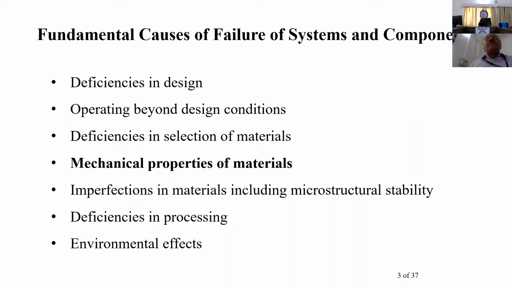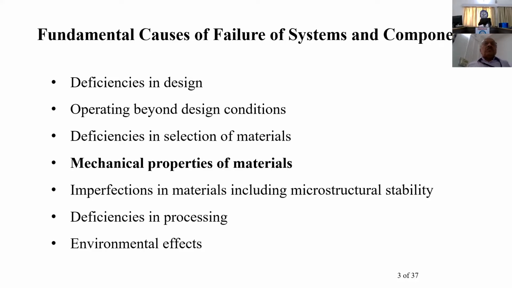One is the mechanical property of materials, because when we are designing a component, we should have the data on mechanical properties of the material at the relevant condition on the table. If we have the right information, then we are in a good stage.